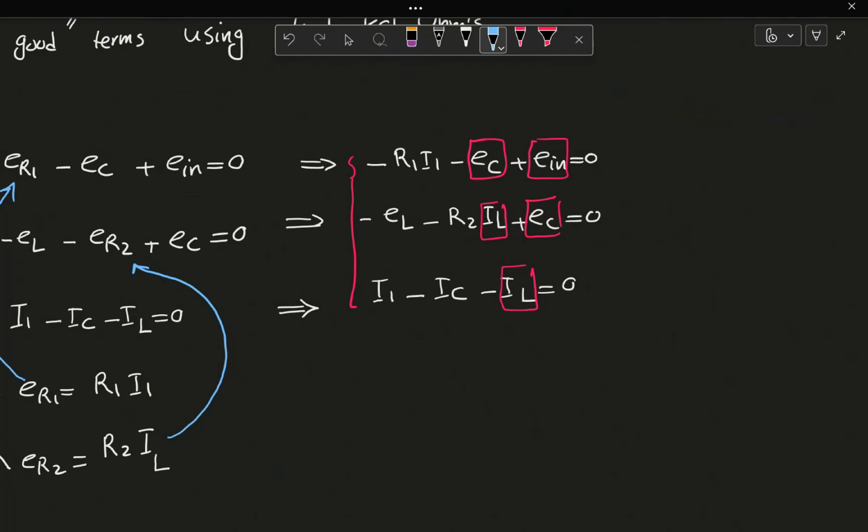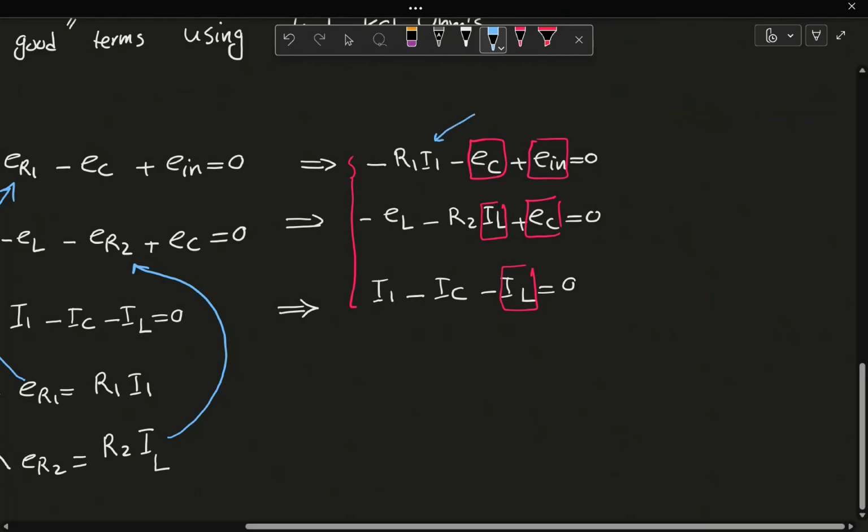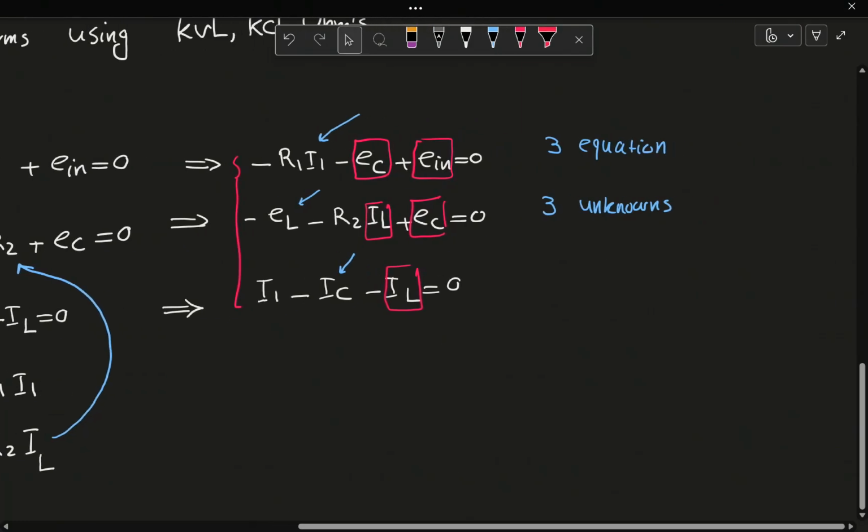The ones that are not good, or unknown to you, are I1, EL, and IC. So you have three equations and three unknowns. What are your unknowns? Your unknowns are I1, EL, and IC. Can you write this system of equations for these three unknowns?